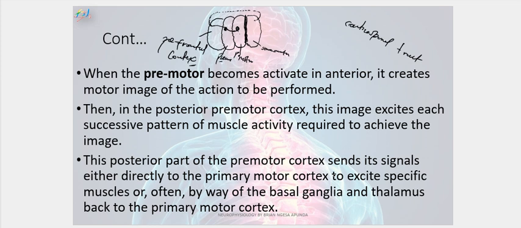So remember the corticospinal tract ends in the spinal area and interacts with the lower motor neurons, so that eventually somebody is able to see the motor activity.